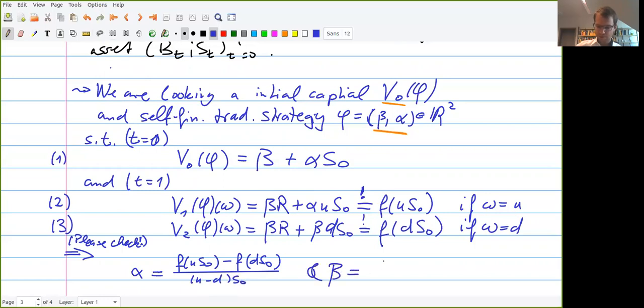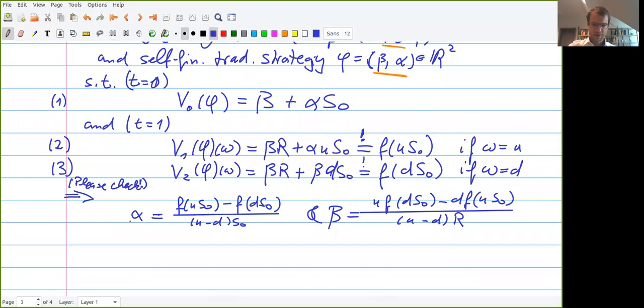And beta is given by this, divided by R. And the last thing, the initial capital, is given by this. Let me label this as well.